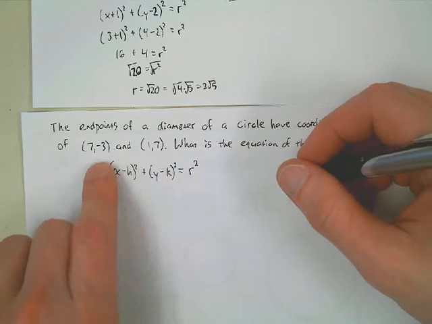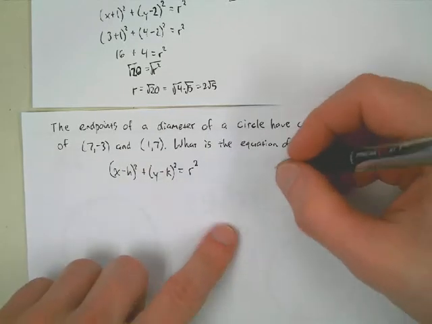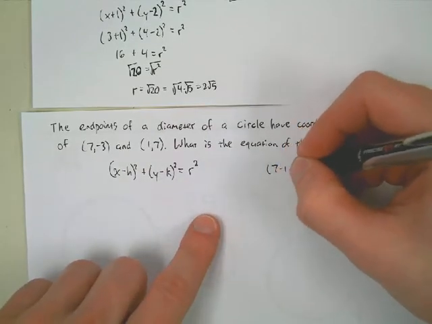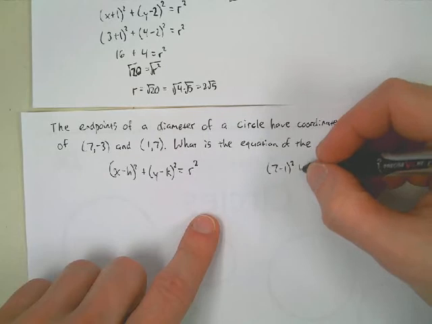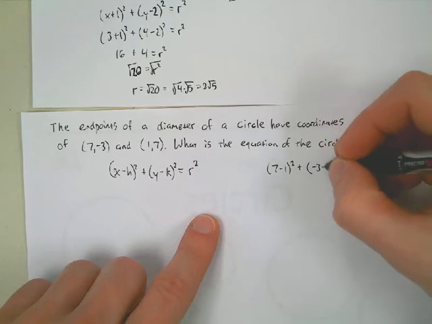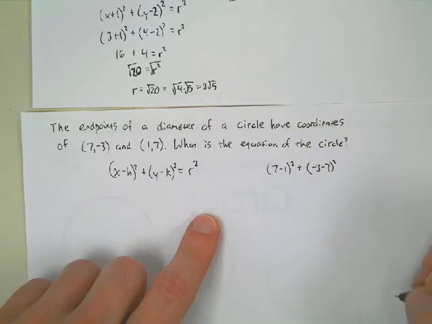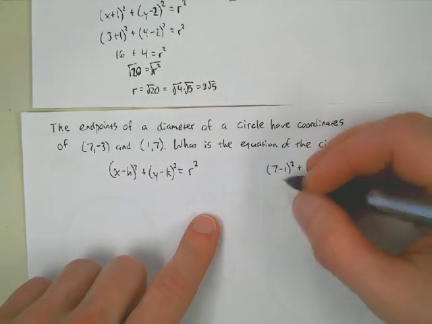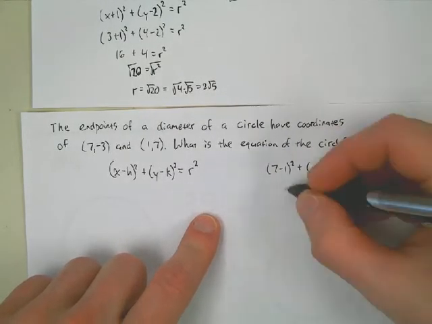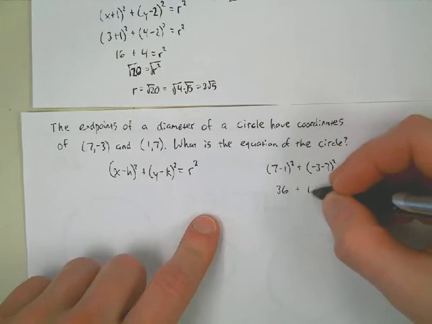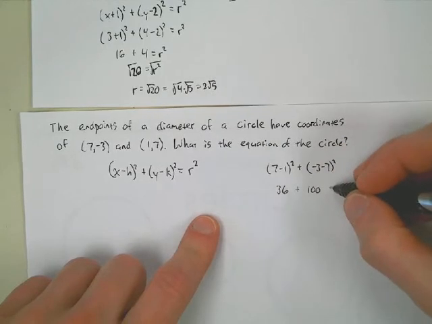Okay, so you did like what, 7 minus 1 quantity squared? Yeah, I just did the square root of 6 squared and 10 squared. Right, yep, okay, which ends up being 6 squared and then negative 10, but squared, so it's going to be the same thing. So it'll be 36 plus 100, and that's equal to c squared, which is going to be like our distance, I guess, there.